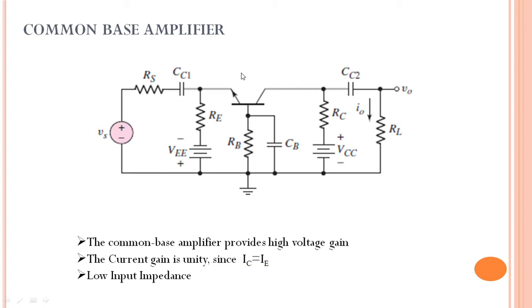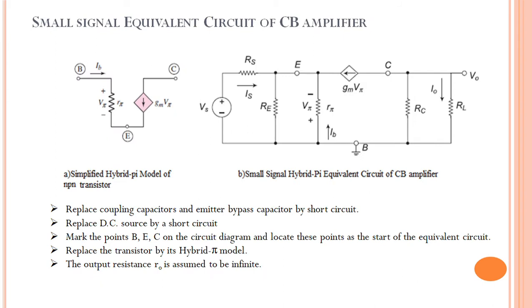And now we are going to replace the transistor by its small signal hybrid pi model. Here figure A shows a simplified hybrid pi model of an NPN transistor. As I mentioned earlier, the transistor is replaced by a small signal hybrid pi model where between the emitter and base terminal, the diffusion resistor R pi is placed, and the voltage across R pi is given by V pi.